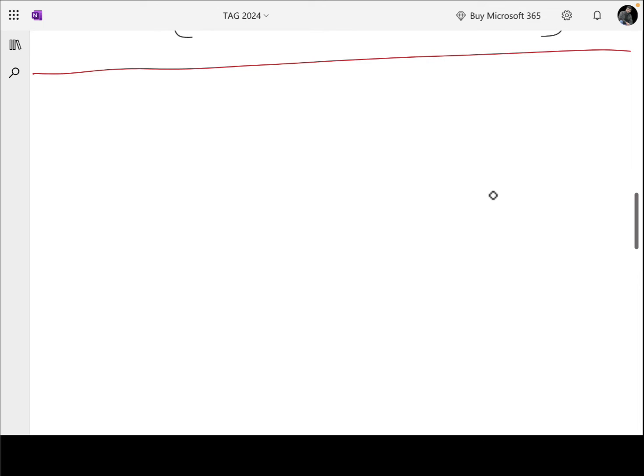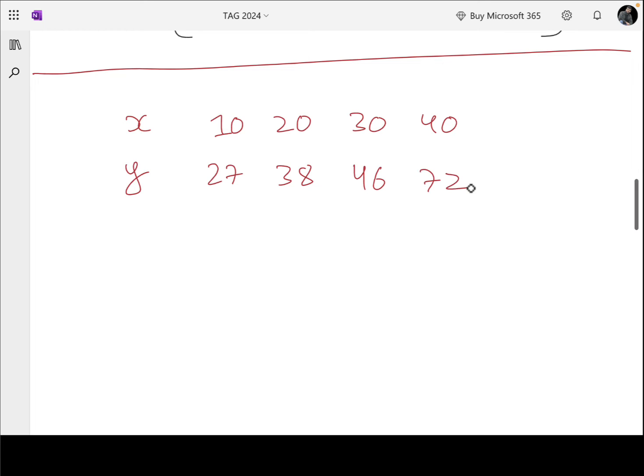Okay, let's say you have values of x as 10, 20, 30 and 40. Against that you have values of y which are, let's say, 27, 38, 46 and 72.